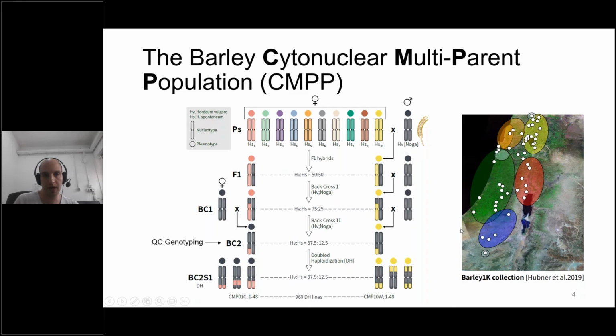We developed in our lab the Barley Cytonuclear multi-parent population. And this is actually a modification of the classic nested association NAM design. And what we have here, we have 10 wild founders, which are derived from the B1K collection, and they represent a range of eco-geographical parameters of Israel.